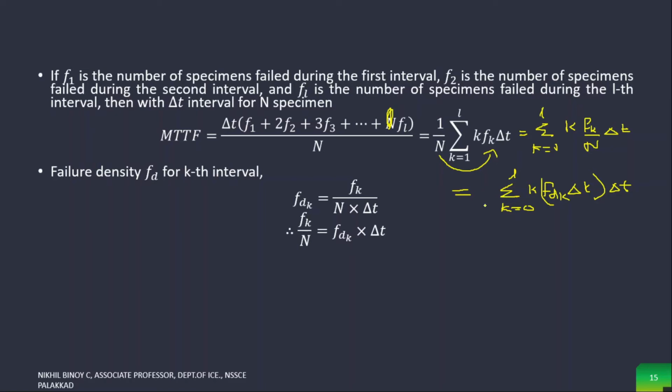So we have MTTF equal to sigma k equal to 0 to L of k into fdk into delta t into delta t. Is it okay?